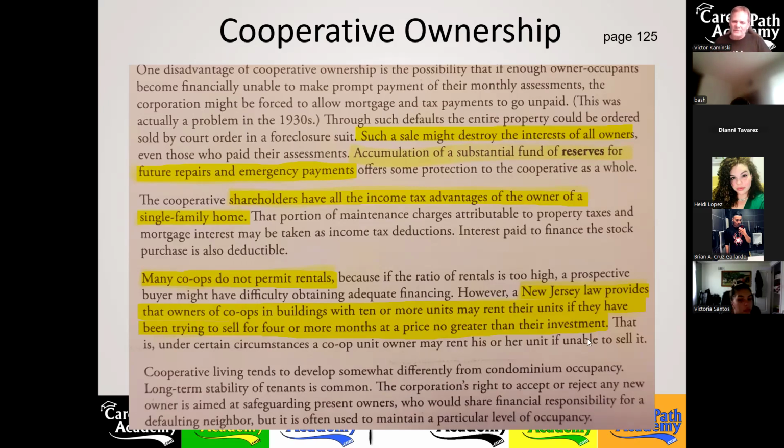Now, that's important because I get a lot of people in this class who ask, well, if you don't own real estate, why buy a co-op instead of a condo? And the answer is because they're much cheaper. You could have a condominium in Edison and a co-op in Edison, and they have all the same exact features: bedrooms, bathrooms, balconies, fireplaces, amenities, tennis courts, swimming pools, all that stuff.